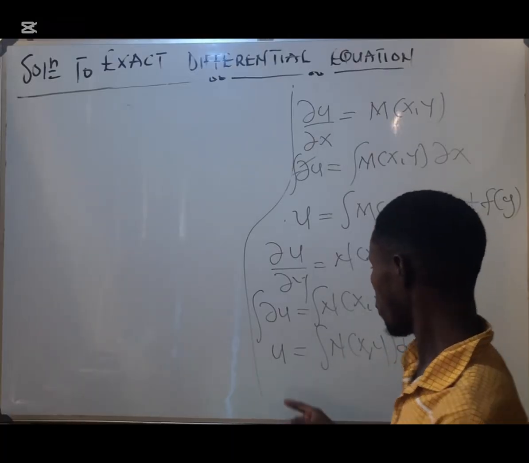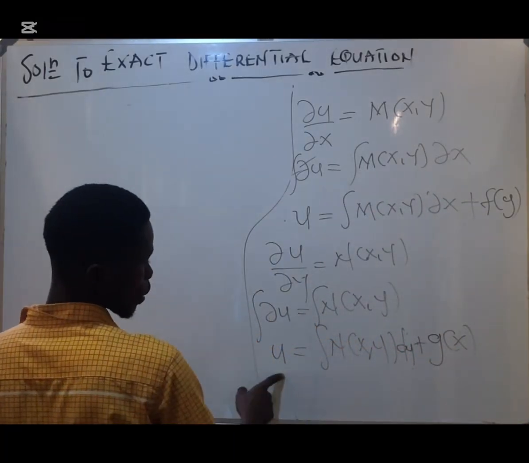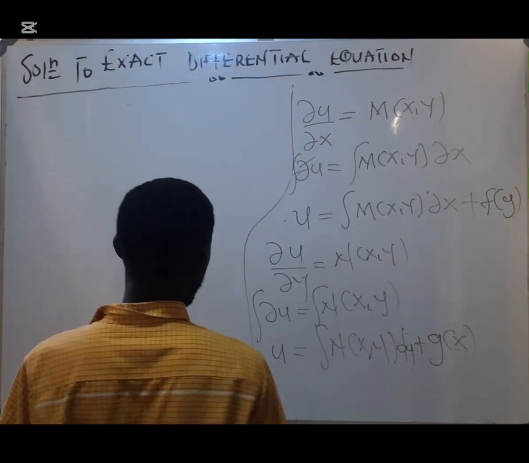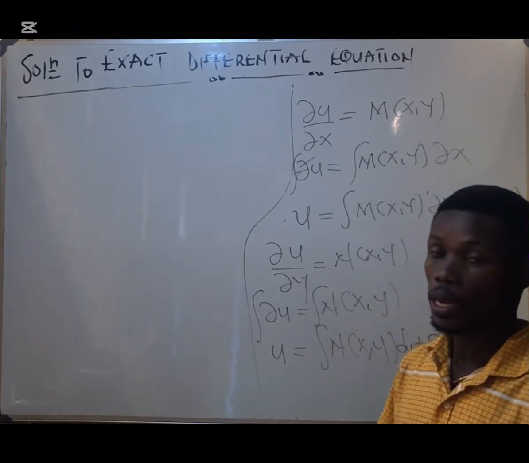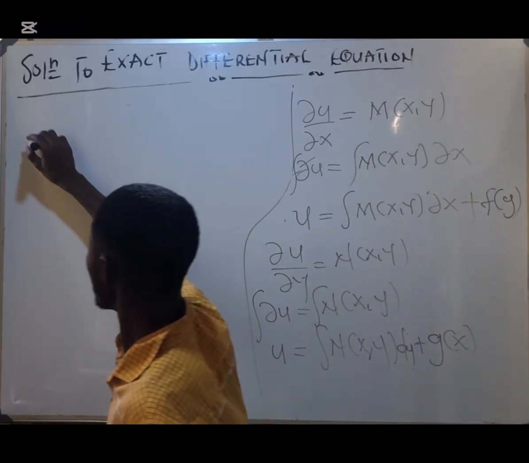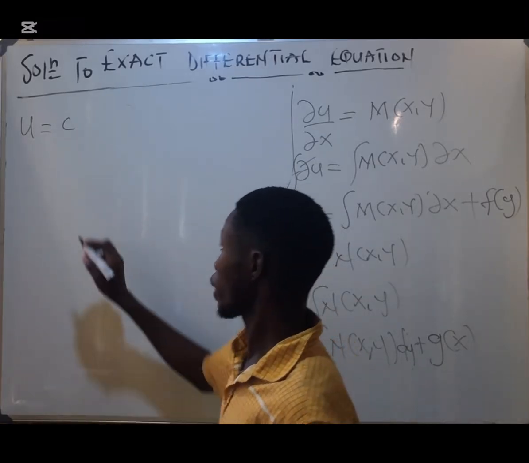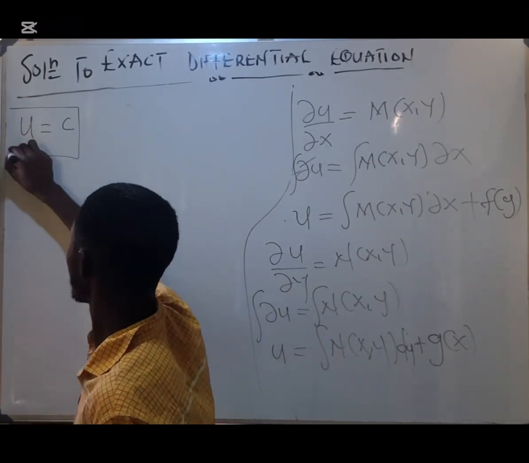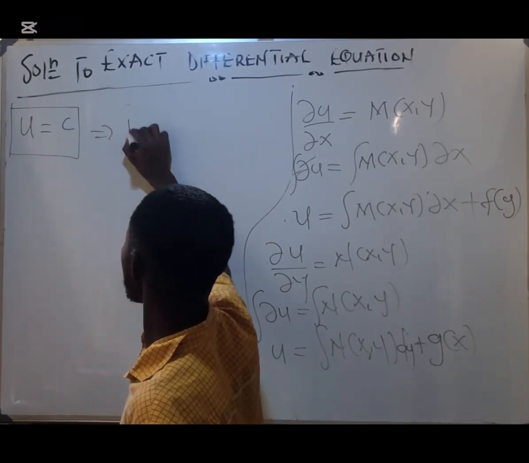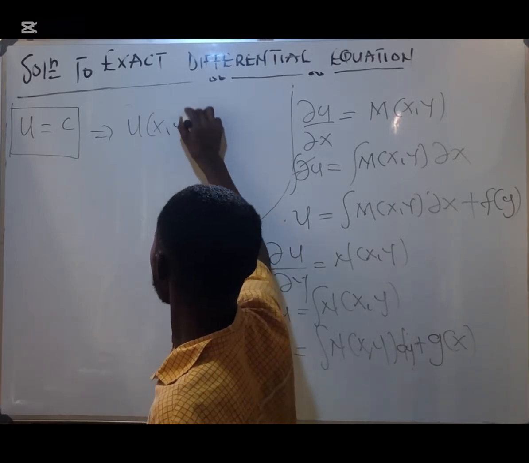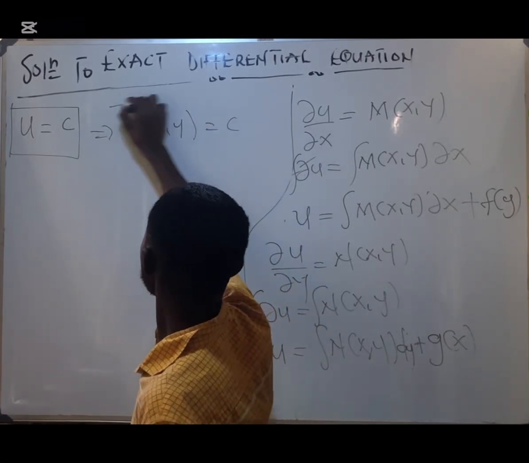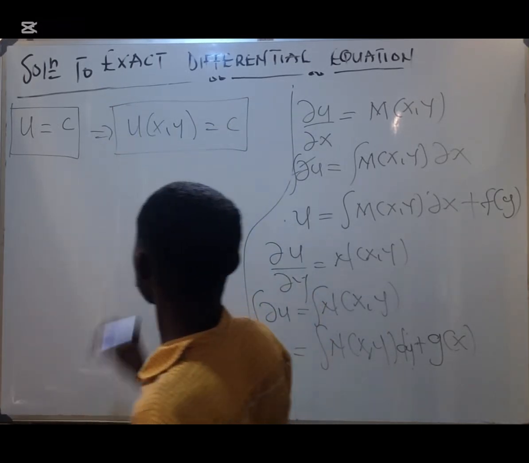After getting this, I have already explained to you that u is always equal to c, and this is our general solution. You can also write it as u in terms of x and y equals c. So this becomes the general solution.